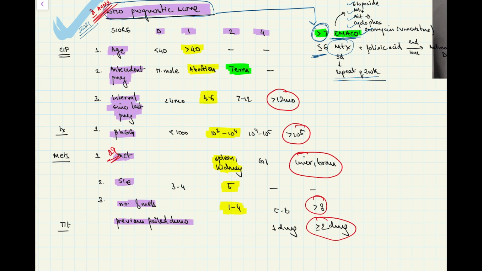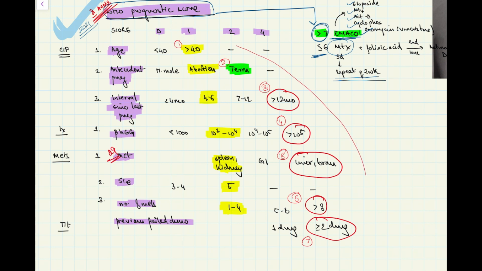Right. So, you don't need to know the entire score, but you can look at the high risk features. So, what are the high risk features? Age more than 40, a term pregnancy, then interval since the last pregnancy more than 12 months, a very high value of beta HCG, that is more than 10 to the power 5, right, liver and brain METs, then increased number of METs, that is more than 8 METs, and previous failed chemotherapy to more than 2 drugs.